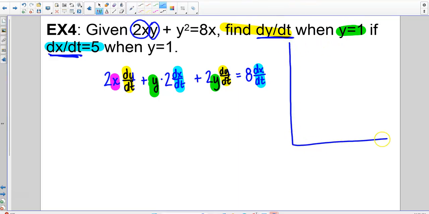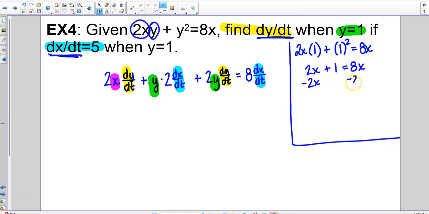So over to the side, we are going to say 2x times 1 plus 1 squared equals 8x. So that gives me 2x plus 1 equals 8x. I'm going to subtract 2x right here. 1 equals 6x.